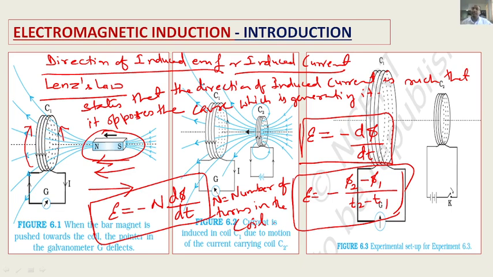And based on the mathematical derivation of the formula, induced EMF E is equal to minus d phi by dt, and hence we can also find out induced current I is equal to E by R, from V is equal to IR, where R is the resistance connected in the coil, in the circuit. So I is equal to epsilon by R.